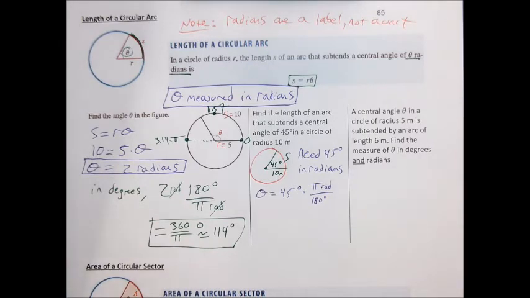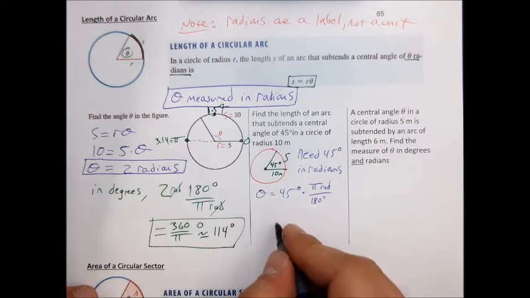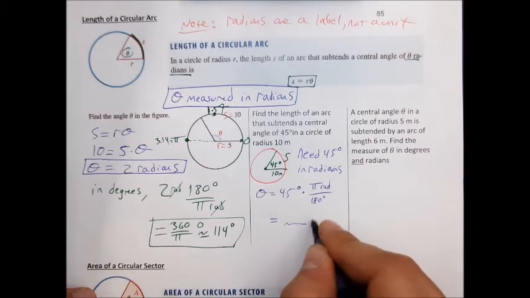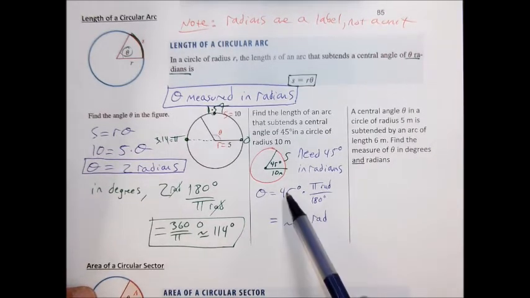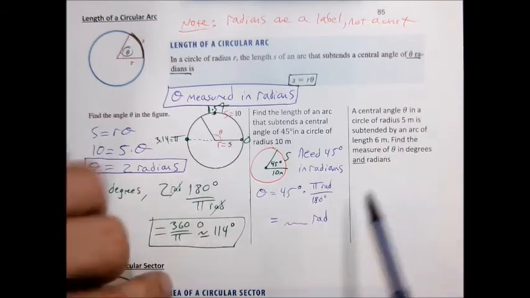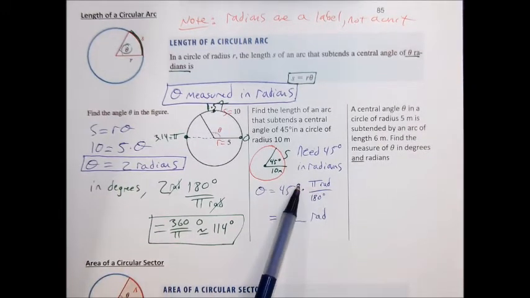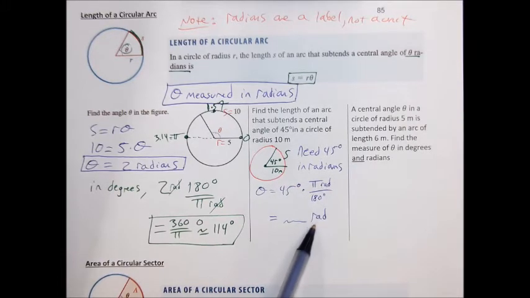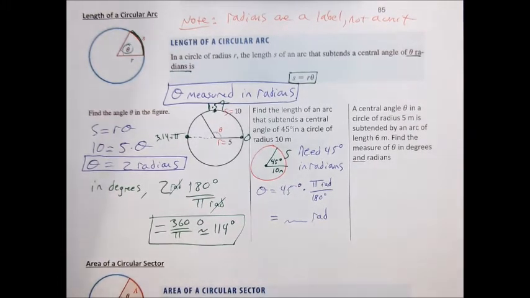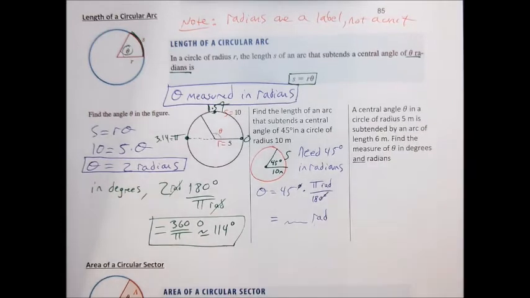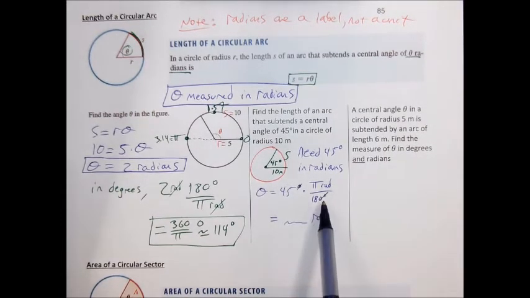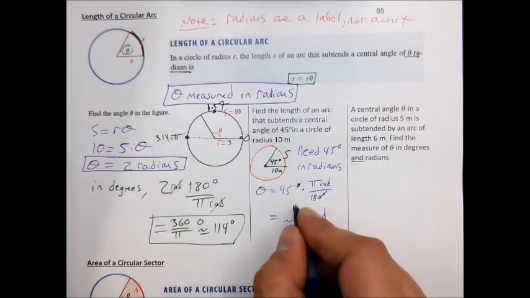You can see why this makes sense: we want to end up with something in radians, because we're converting degrees to radians. The two degree values cancel, and the radian value carries over to the answer. That's how you can remember these formulas. And 45 goes into 180 four times, so this ends up being pi over 4, like we said before.